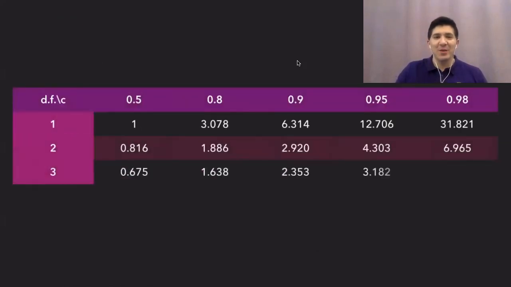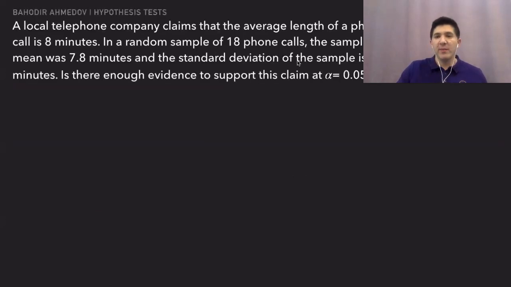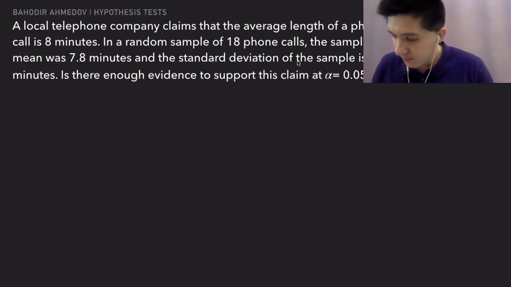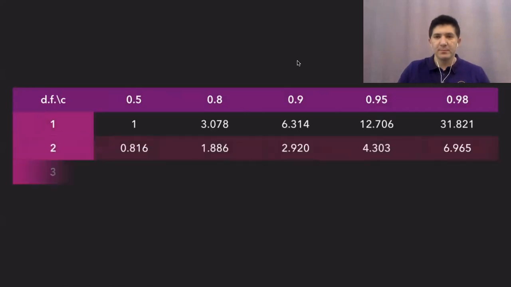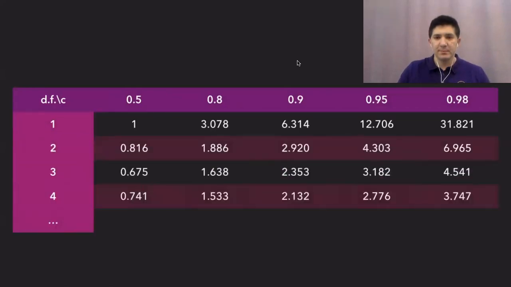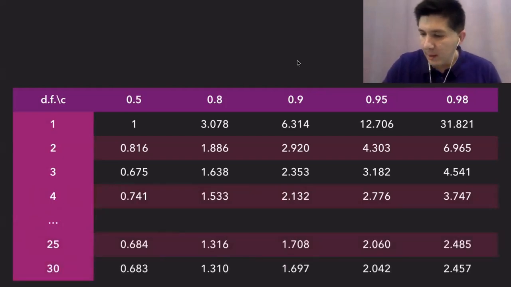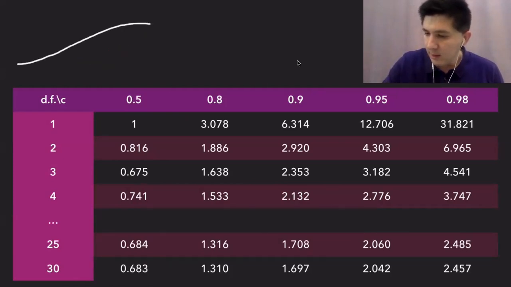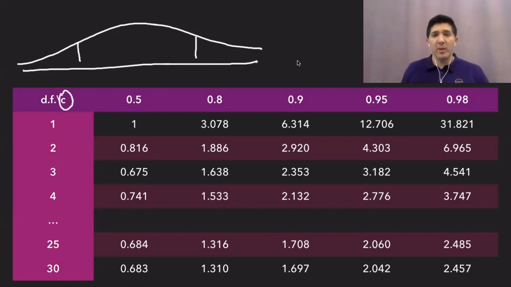So this is the T table, which is given depending on the degrees of freedom and the confidence level. Here you see it is given the confidence level. If you remember, the confidence level is the area in the middle, right?